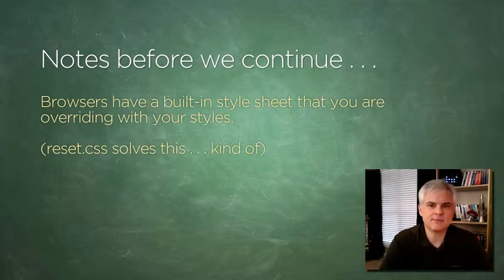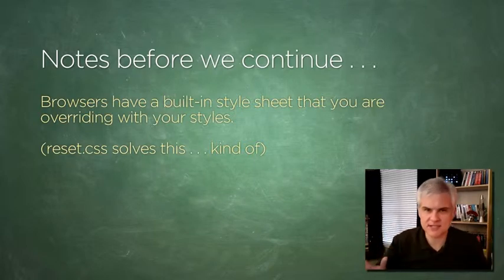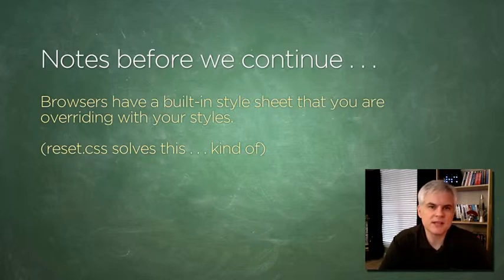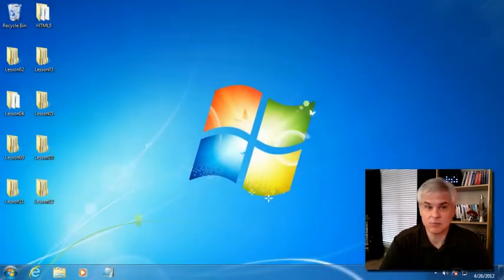First thing to keep in mind before we continue is that the web browser has its own built-in style sheet. You might say, well, wait a second, what built-in style sheet? I think I've alluded to this already once or twice. We've been working the entire time with a built-in style sheet. Whenever we create HTML, Internet Explorer has to display it somehow.